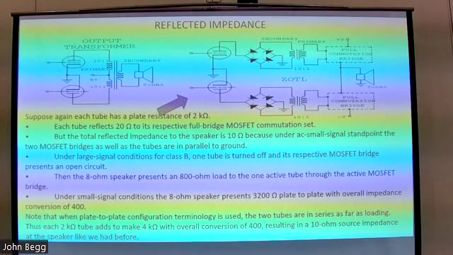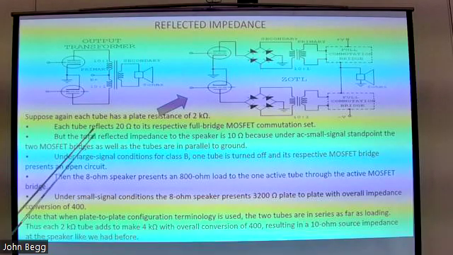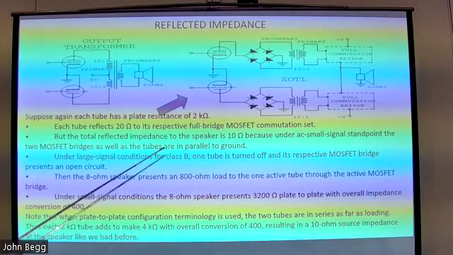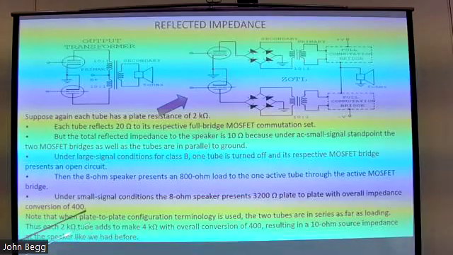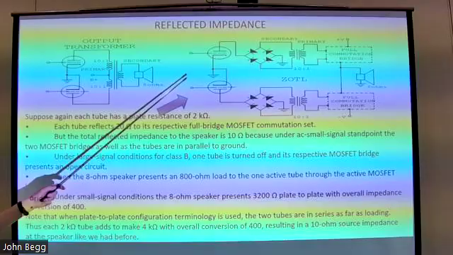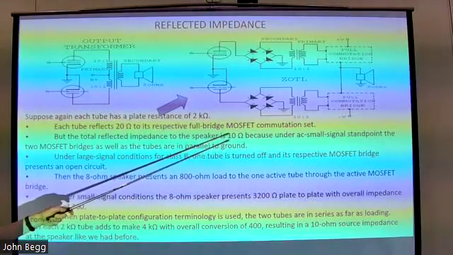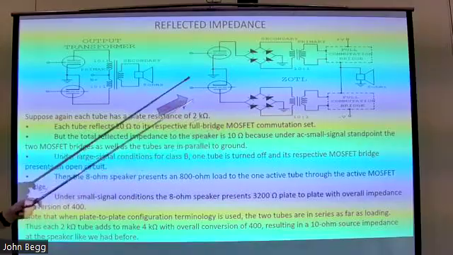For the ZOTL, we're going to go through the same argument, but it's maybe a little harder to follow. Suppose again each tube has a plate resistance of 2K. Each tube reflects 20 ohms to its respective full bridge commutating set. That's large signal conditions. One tube is on, the other tube is off, the commutation bridge is high impedance, so it's not in circuit.